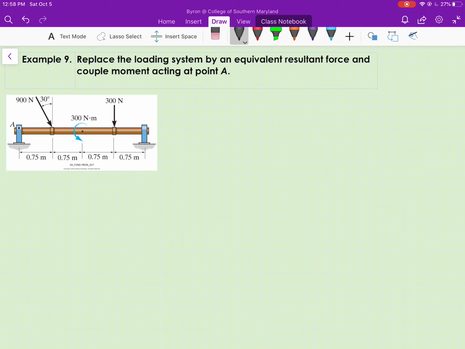So I'll start with finding the equivalent resultant force. The x component of the equivalent resultant force is just going to equal the sum of the forces in the x direction.